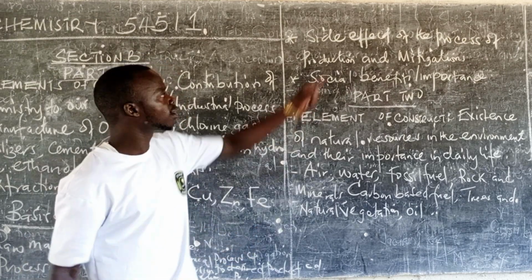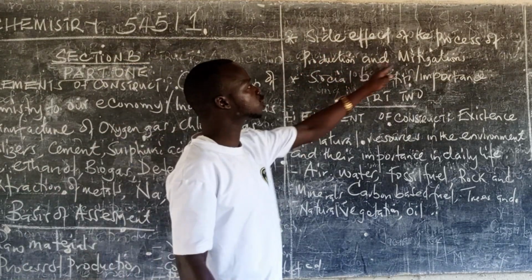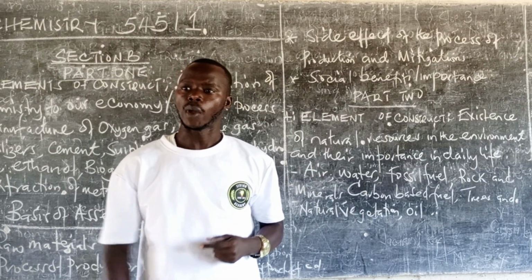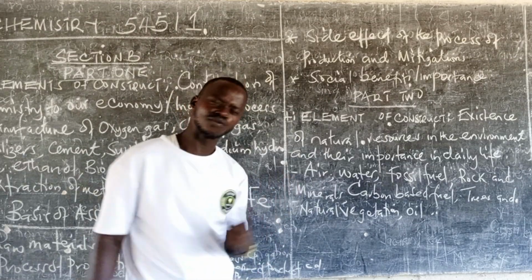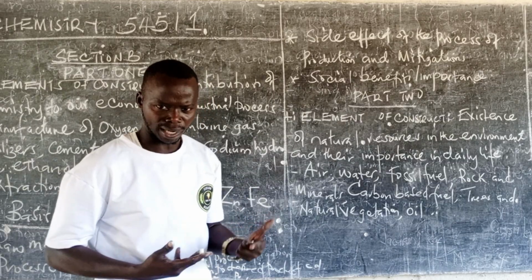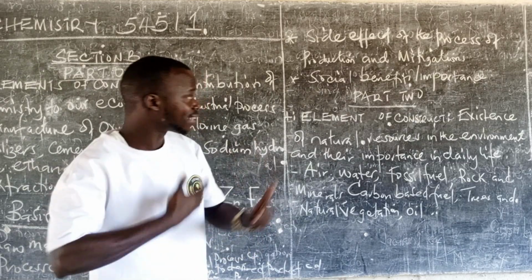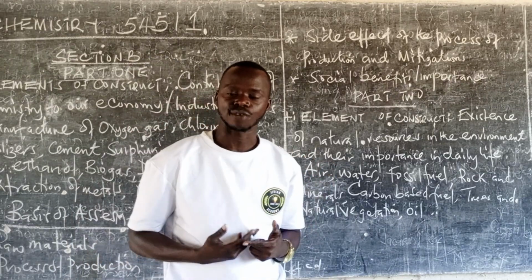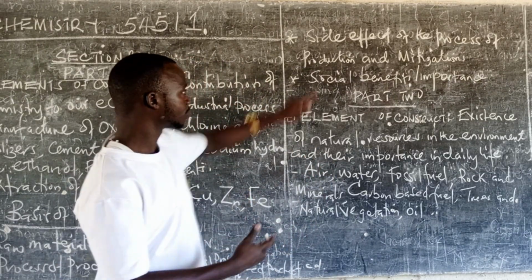That takes us to what we call the side effects from the process of production and mitigation. These products being produced from industries have a lot of environmental impacts, so the learner should tell us how these impacts can be mitigated.